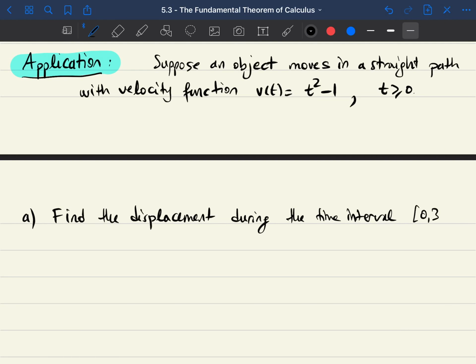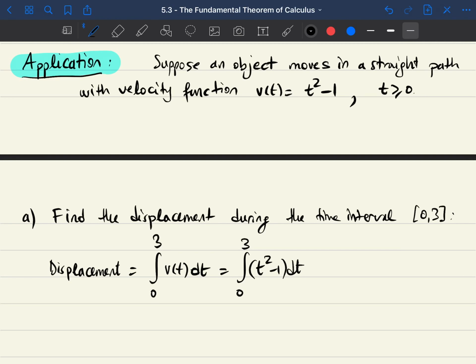0, 3. And displacement is equal to just the integral from 0 to 3 of the velocity function, dt. So this is equal to the integral from 0 to 3 of t squared minus 1 dt. Okay?